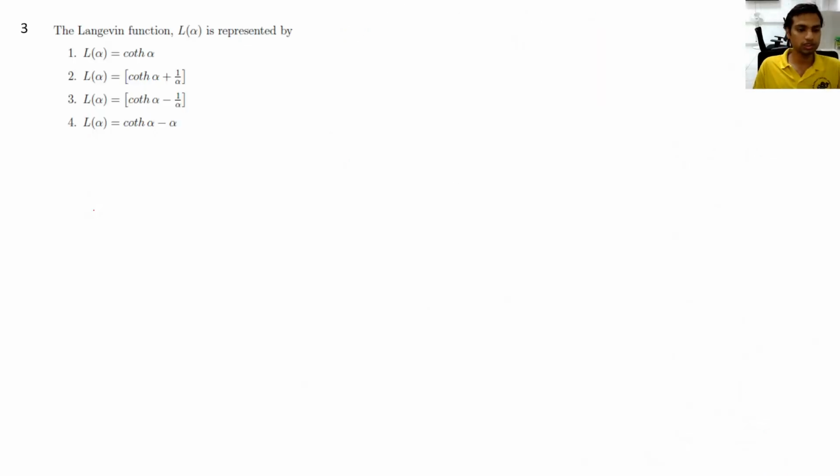The Langevin function L of alpha is represented by, so this is a widely known function in the literature, and you will come across it in different situations. You just have to remember that L of alpha is equal to coth alpha minus 1 over alpha.